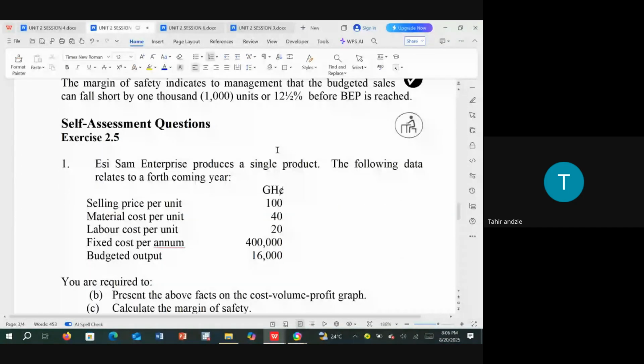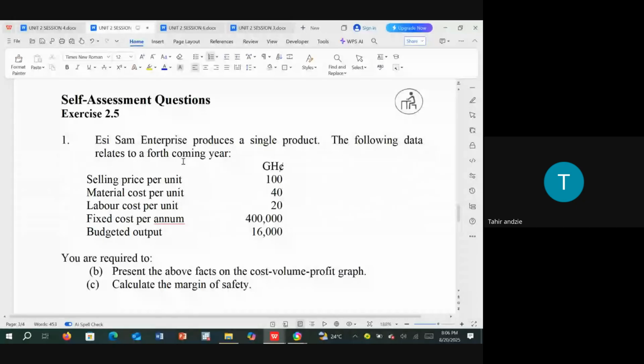Now let's look at a self-assessment question here. AC Enterprise produces a single product, and the following data relate to a forthcoming year. You have the selling price to be 100 Ghana cedis. Material cost per unit is 40 Ghana cedis.